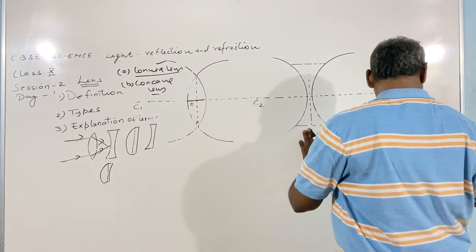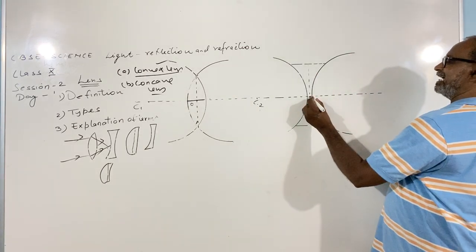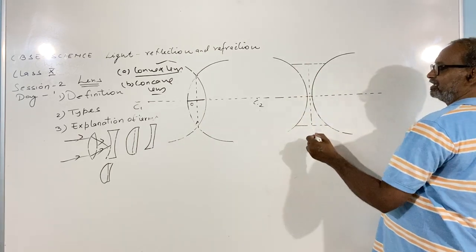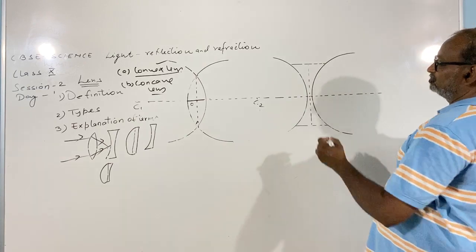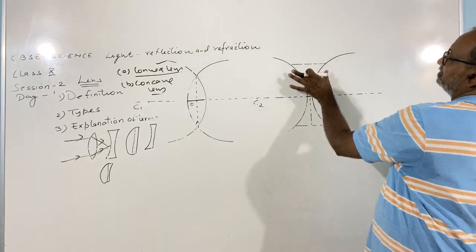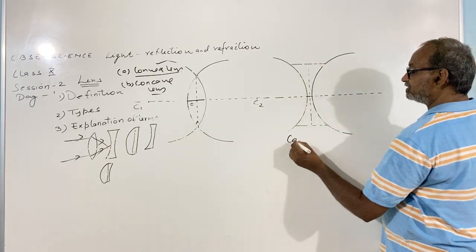On the other hand, a lens which is thin at the center and thick at the edges. ऐसा लेंस जो बीच से सेंटर पर तो पतला हो लेकिन जिसके किनारे मोटे होते हों, उस लेंस को कॉनकेव लेंस कहते हैं.